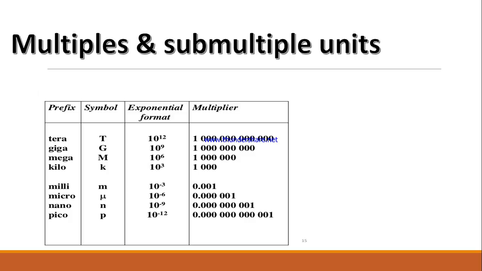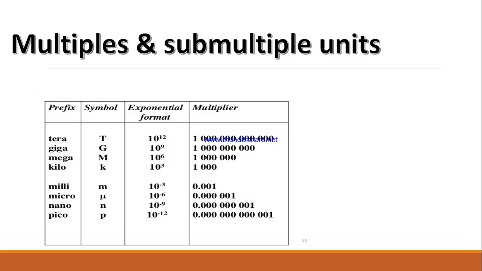Multiples and submultiples, basically different scales. So you have the kilo and the milli, those are the most important ones that we use all the time. Just imagine 1 kilometer is equivalent to 1,000 meters. So if I want to convert kilometers to meters, I multiply by 1,000, or basically 10 to the 3.